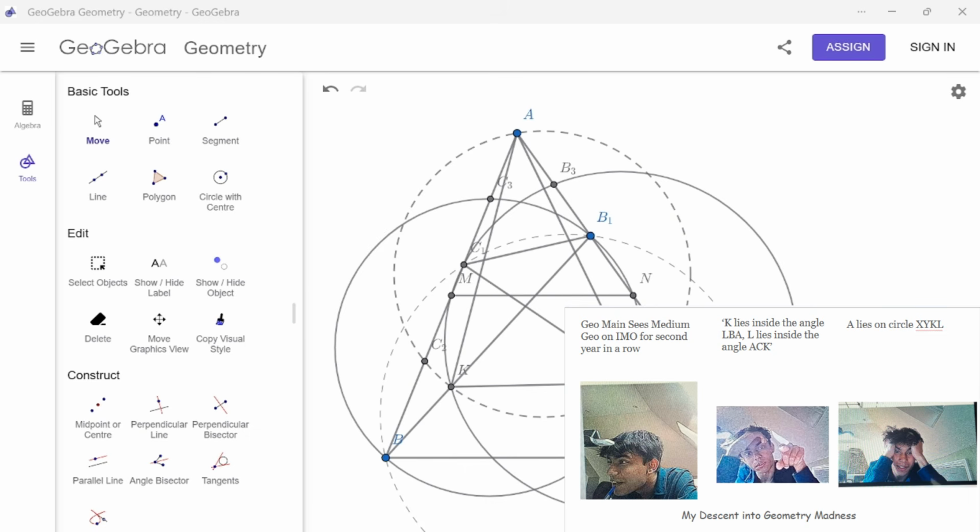I'd say it's quite a lot harder than 2012 P5. That one is still easier than this. You have two random points K, L and you have midpoints. What's going on?